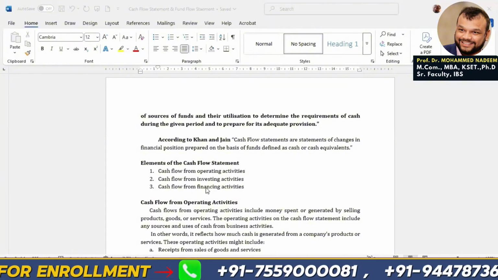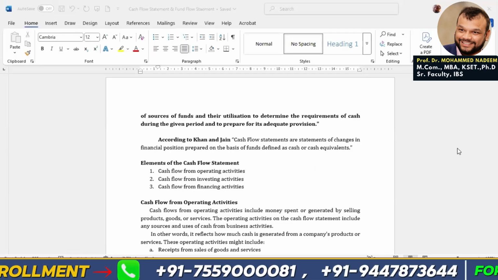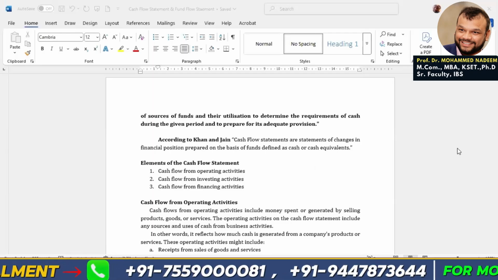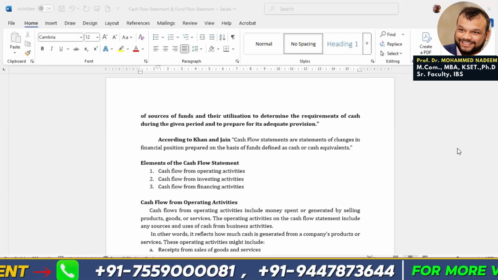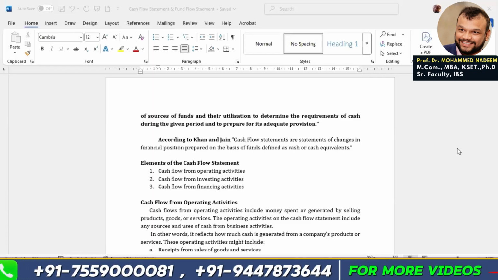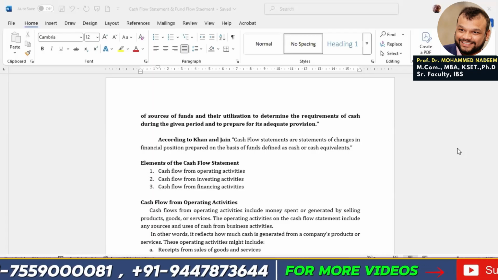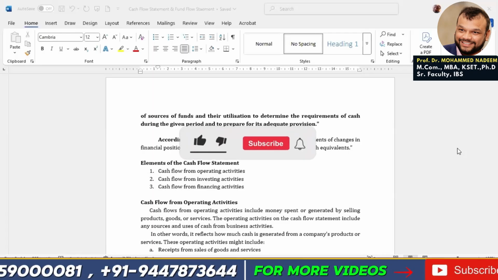So operating, investing, and financing activity. Now in the exam, they may ask you what are the activities consisting of a cash flow statement? What will be your answer? All 3 together. After adding all these 3 together, that is called the cash flow statement.